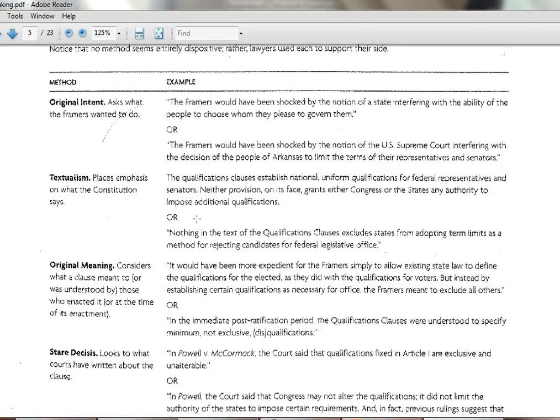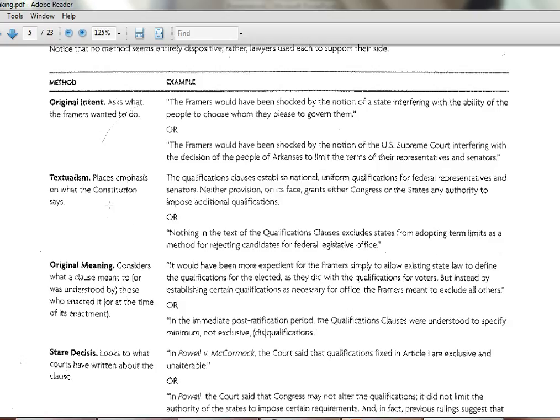Two of the more difficult ones students have struggled with in the past are original intent and original meaning. Now they're both fairly easy to understand, but it's easy to get them mixed up. Well, when is it original intent and when is it original meaning? For original meaning, you can associate this with textualism.